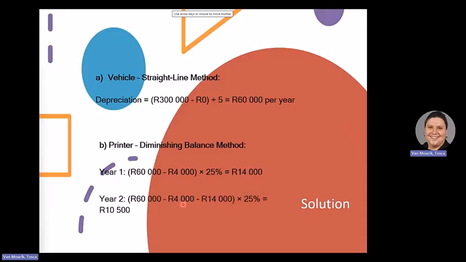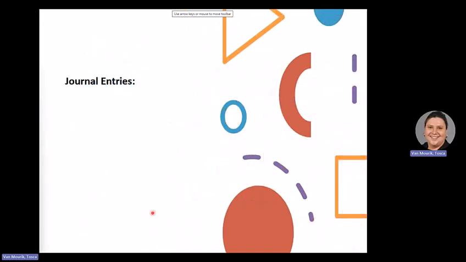So we take the 60,000 less my 4,000, my residual value, less the previous year's depreciation, times 25%. So in year 2, which is our current year, depreciation for the printer will be 10,500. What are my journal entries?